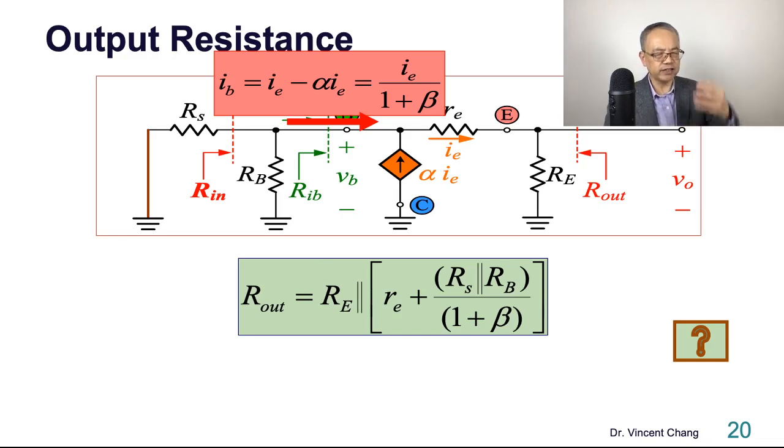The alpha IE, the transistor effect, the effect from the third terminal, has already been considered. It's the overall effect.